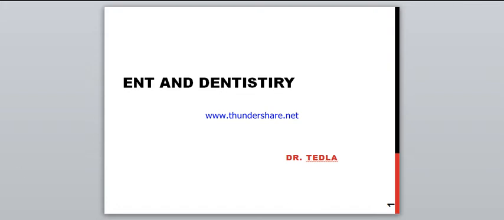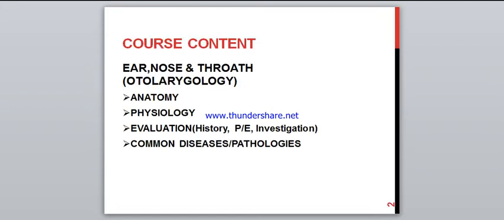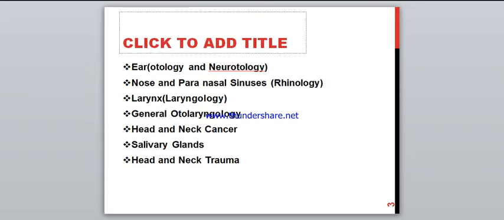So the content of the topic includes ear, nose, throat, and we call it otolaryngology. So it has anatomy, physiology, evaluation of the patient, his history, physical examination, and investigation. And we will discuss briefly the common diseases or pathologies.